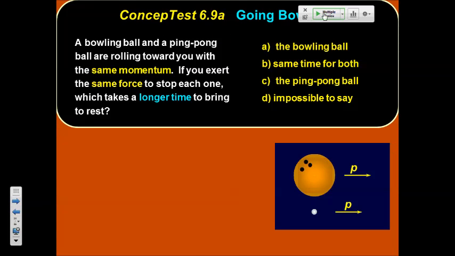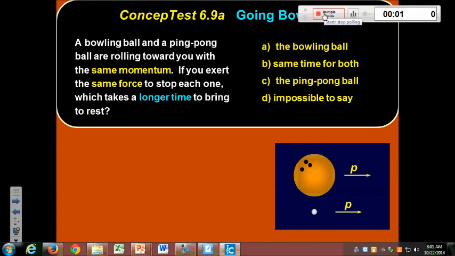All right, a bowling ball and a ping pong ball are rolling towards you with the same momentum. You exert the same force to stop each one. Which takes a longer time to bring to rest? The same momentum.